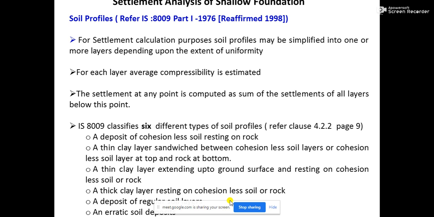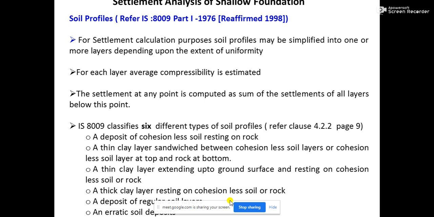This kind of soil structure is very difficult to address, and in many cases, if a very erratic soil structure is found below the ground level, the solution is excavation of the soil layer. You just excavate the soil, throw it out, fill it up with fill material of uniform property, and then construct the foundation.